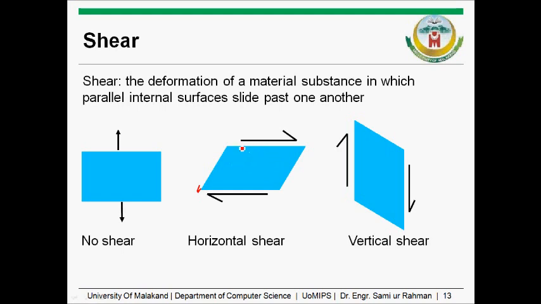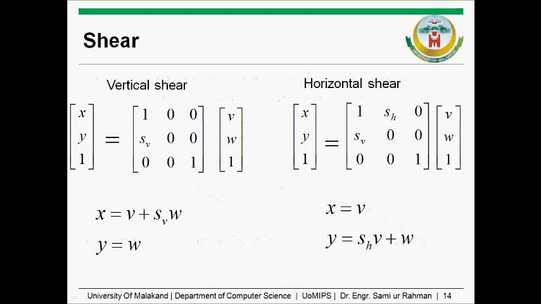Like we apply some force in this direction and the opposite force on the opposite surface, or force along the surface on one side and force along the opposite direction on the other side. We can call this stretching. This is then shear, and we have these matrices for shear.